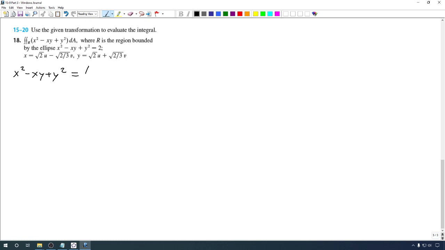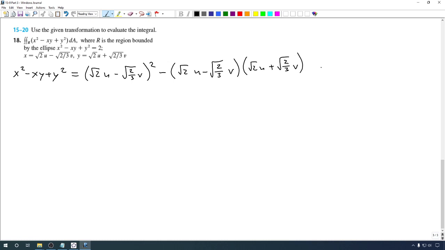We're going to take square root of 2u minus square root of 2/3 v squared, because that's what x is, minus that same thing times what we have for y, which is square root of 2u plus square root of 2/3 v.